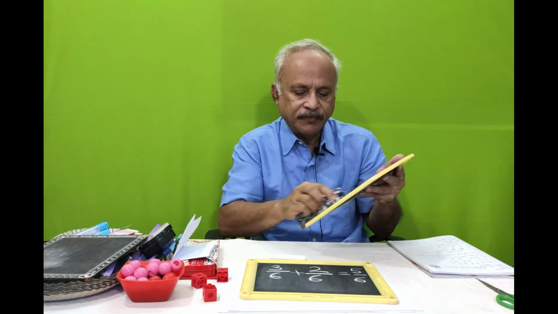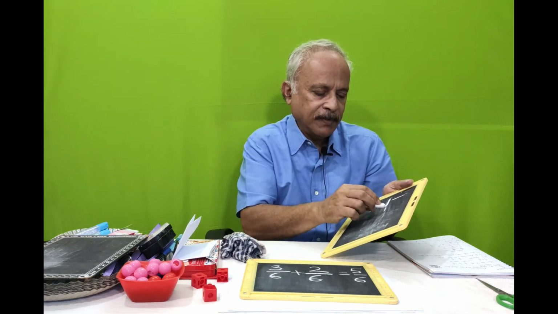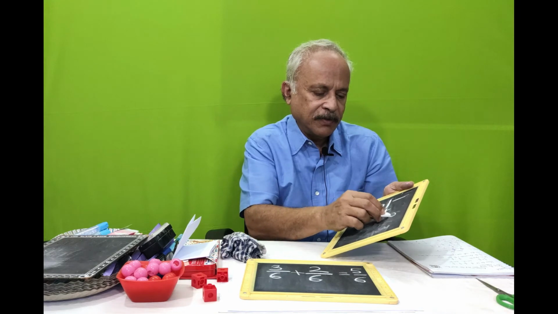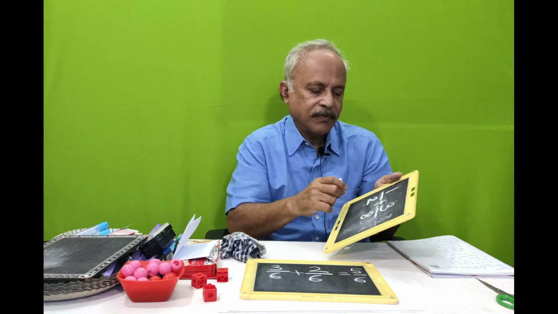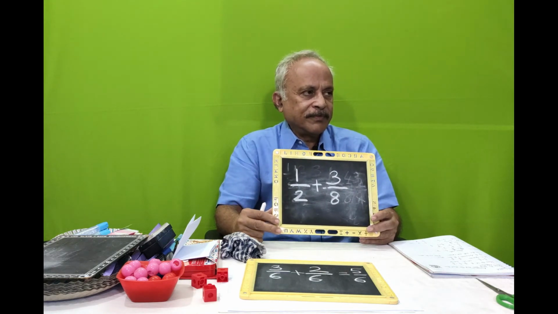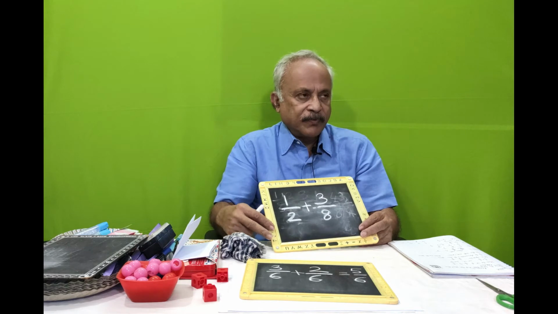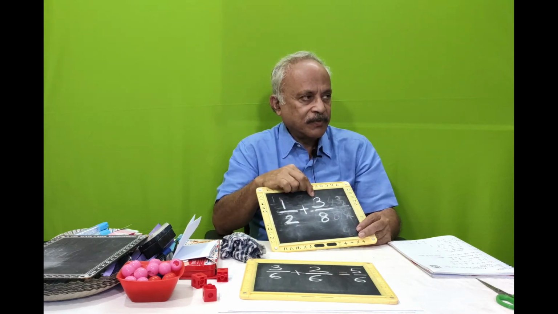This is the problem. 1 upon 2 plus 3 upon 8. So here the pieces are 1 upon 8.